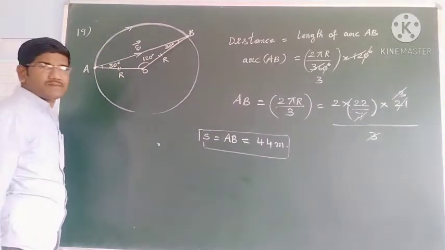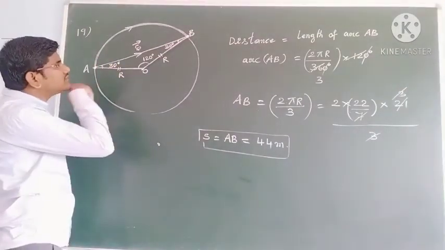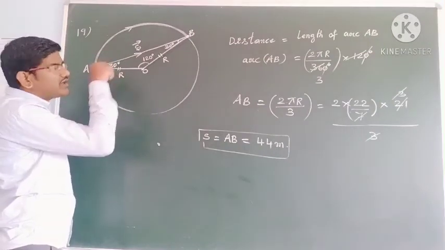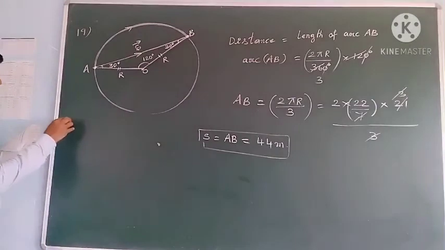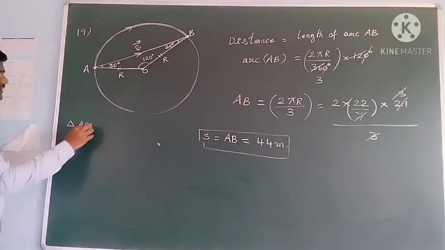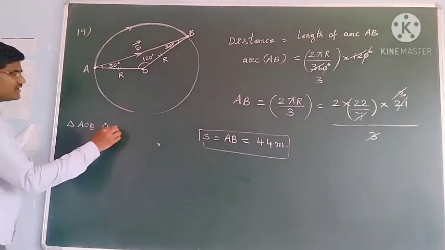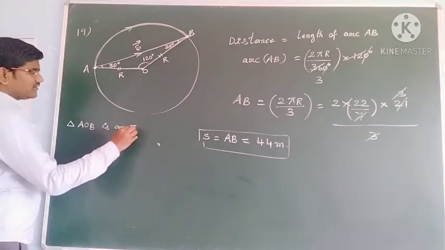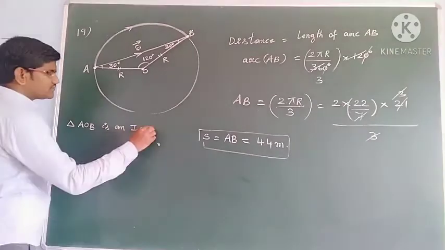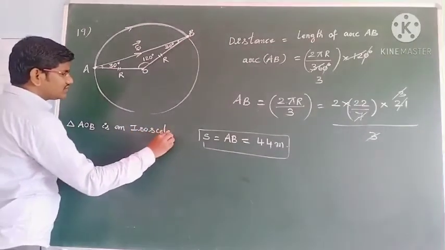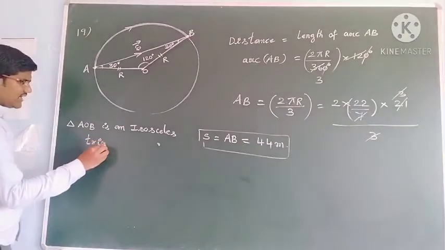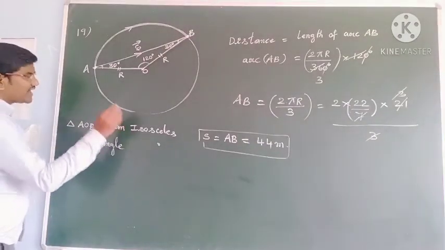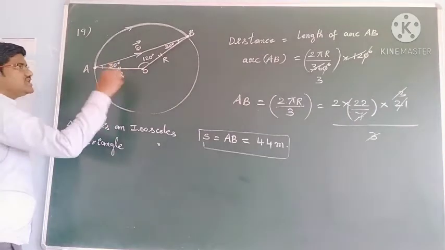So we got an isosceles triangle AOB, because two sides are equal.